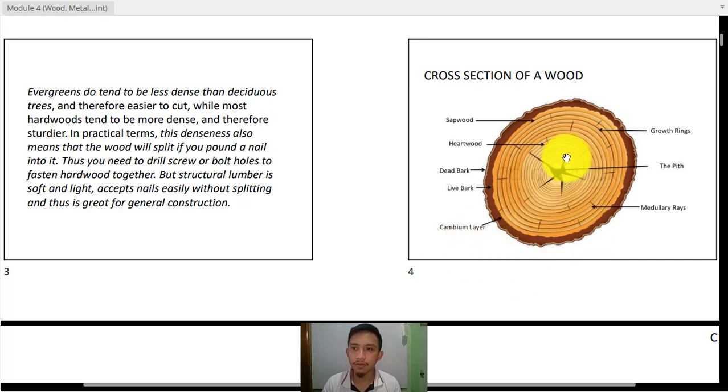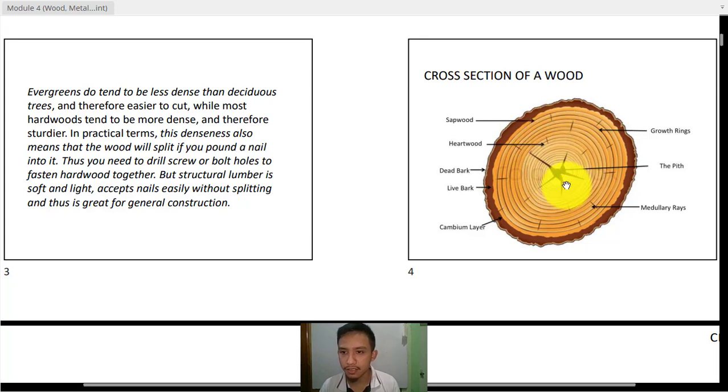We call this an annual ring because each year of the growth of the tree adds one growth ring. This defines the years or the age of the tree. The pith is where the growth rings start to form, and then they grow outwards.